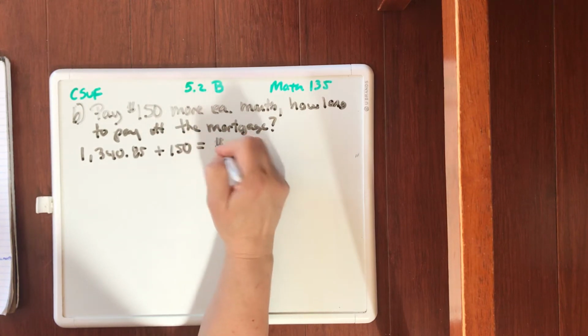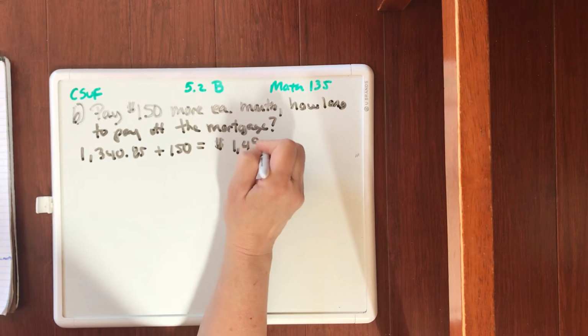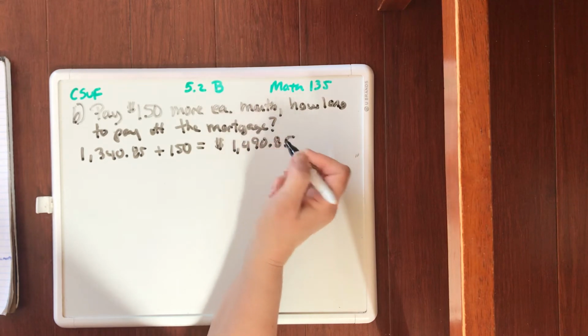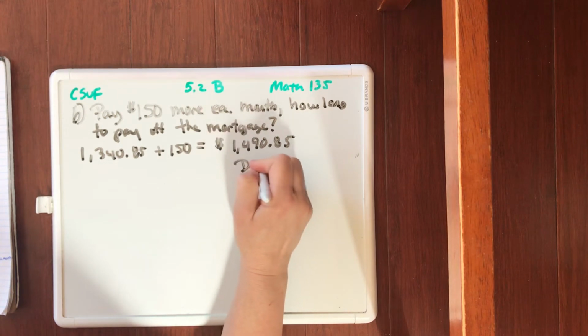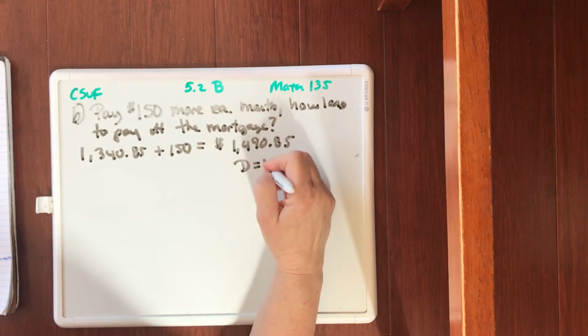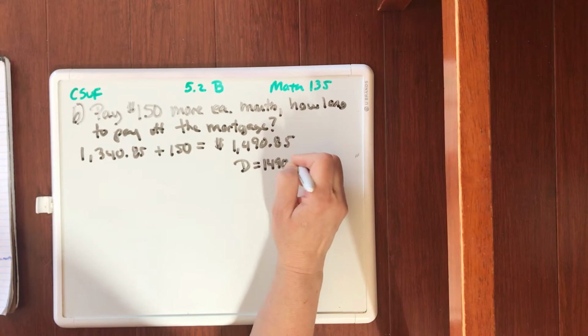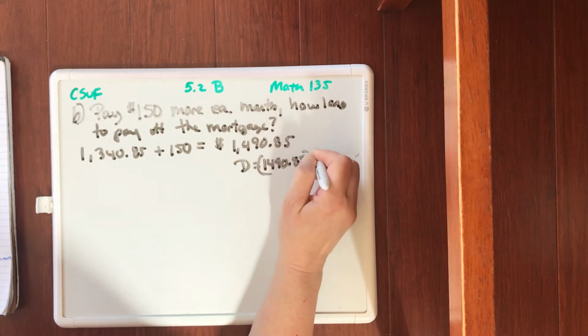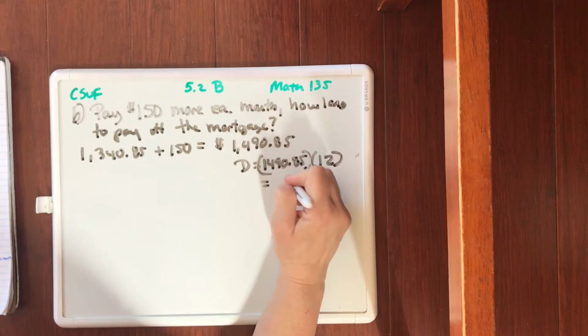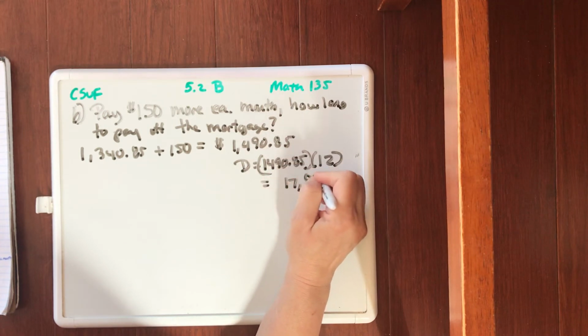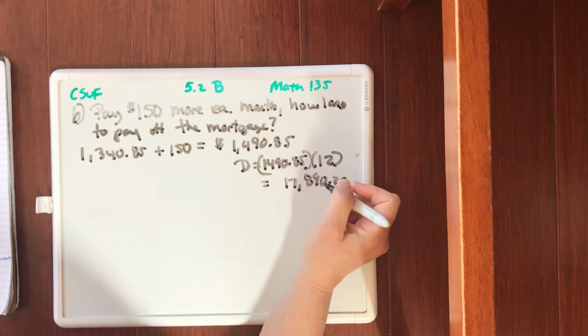So we're looking at a payment of $1,490.85. But once again, before we use our APV, we have to change this by multiplying by 12, because D is always in years. That'll equal $17,890.20.